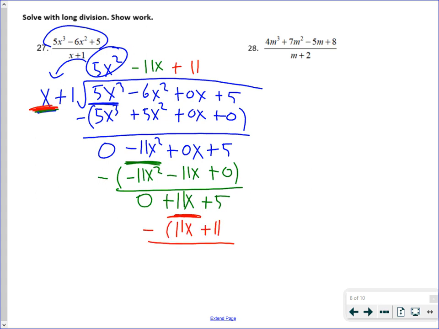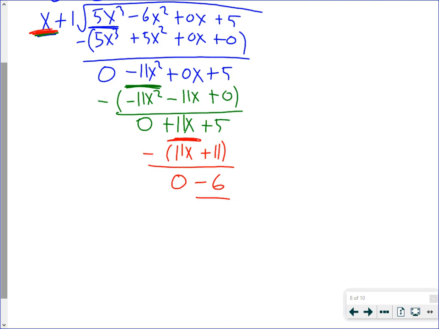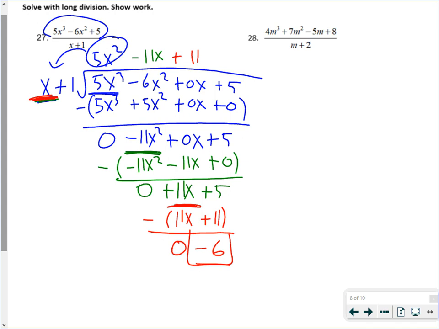We're going to minus the first polynomial from the second one. 11x minus 11x is 0. 5 minus 11 is negative 6. So we just get negative 6, and we can't divide x into negative 6, so we just stop here. And this negative 6 right here is our remainder. And remember, we put our remainder over the divisor, or x plus 1 in this case.